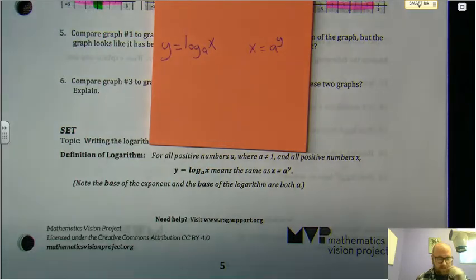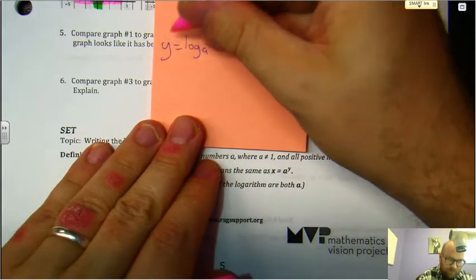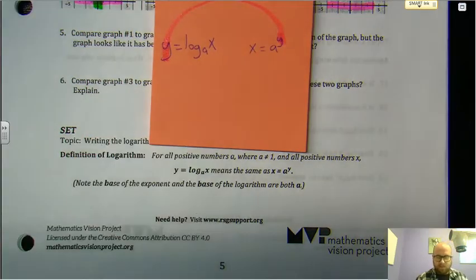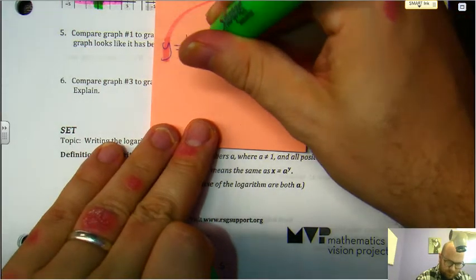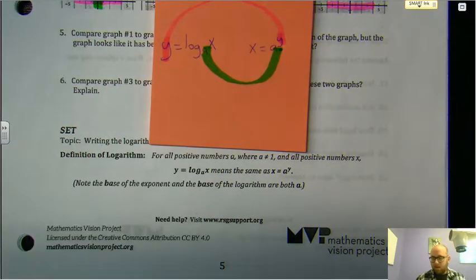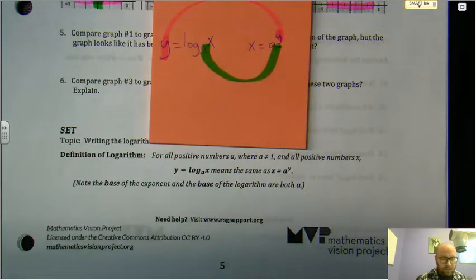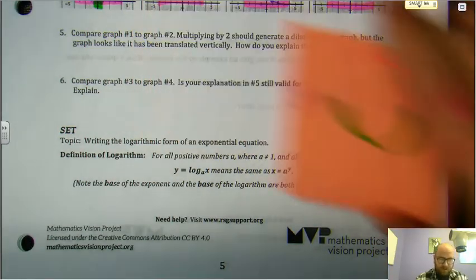Okay, so let's just make those connections real quickly here. So log base a of x, y is our exponent, is the exponent of the base, where when we evaluate it, we get x. Okay, so let's see how this actually works out.